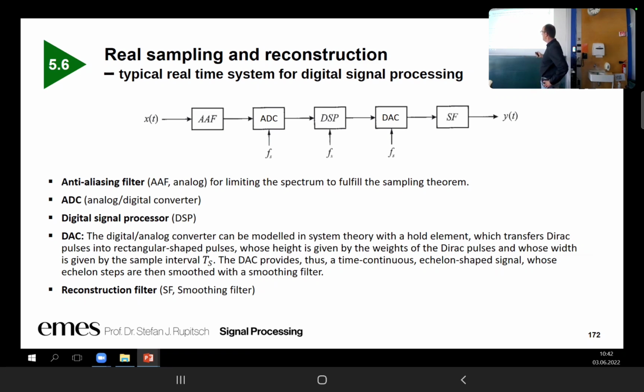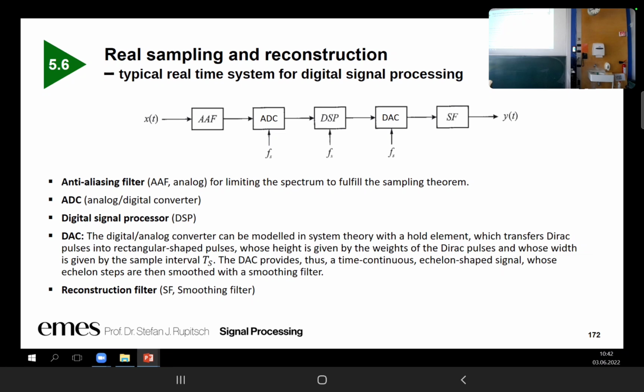Then we have our analog to digital converter. The analog to digital converter is mostly equipped with some sample and hold element inside. That's part of it. Then we have our processing unit.